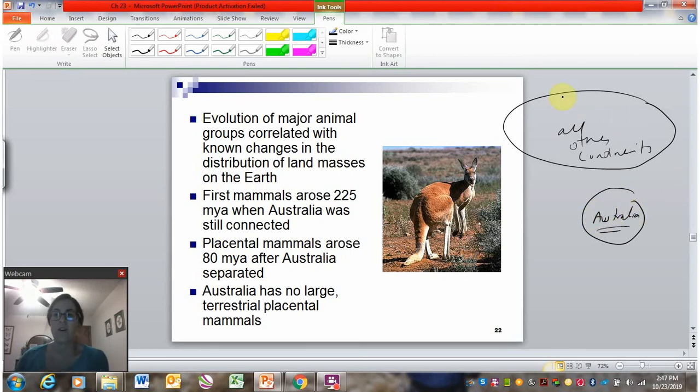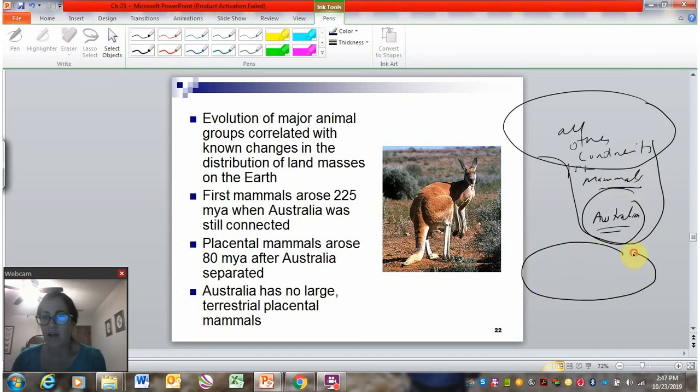So organisms, animals were able to move back and forth between all of these areas except for Australia. And so what happened is that back when they were together, mammals evolved. So the first mammals evolved. So Australia and the other continents, everybody gets the earliest mammals.